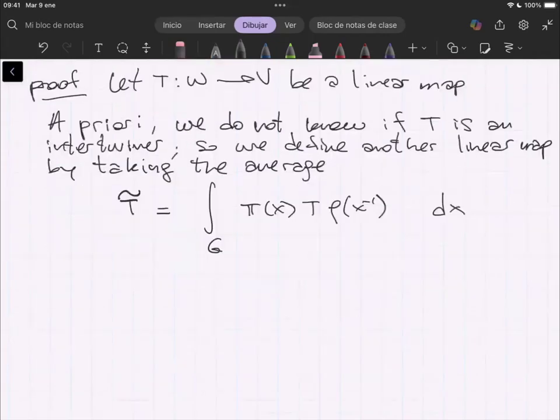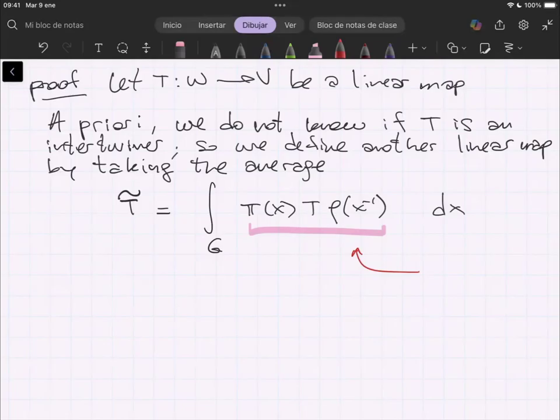And the first thing is we are taking the integral over something that is not a function on the complex numbers. It's a function that lies in V. So we understand this integral as follows: we take a basis, and in each coordinate of the basis this is an integral of a function over C. So it is actually an integral by entry.